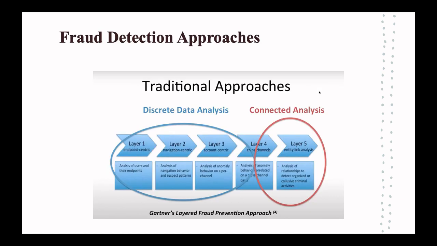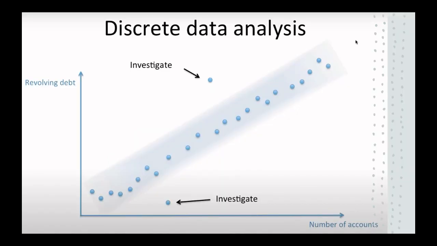So, this is the Gartner's layered fraud prevention approach, in which the first three layers are about discrete data analysis and the last two layers are about connected analysis. In discrete data analysis, we establish patterns of normal behavior.